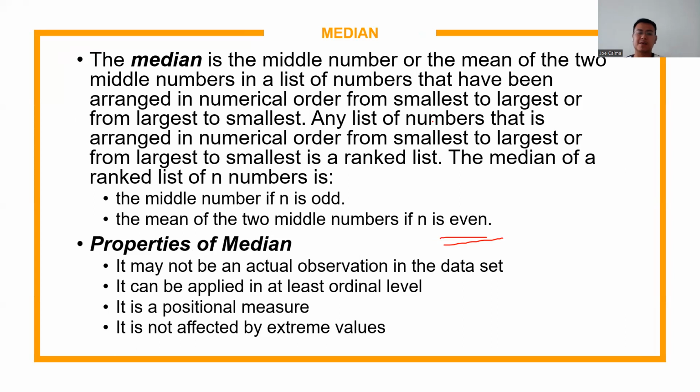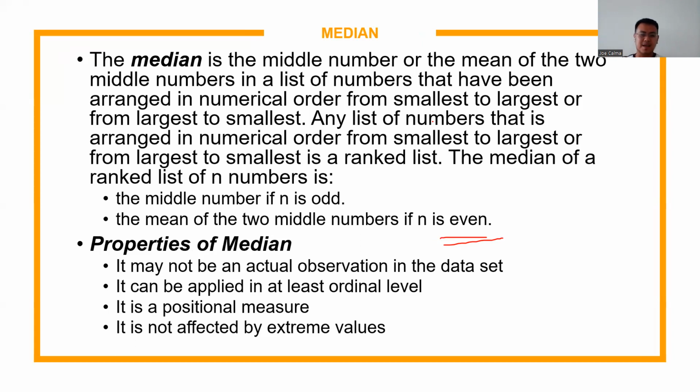Sometimes lang, hindi palagi. For example, yung nakuhang dalawang median is 26 at saka 27. So, ang median natin is 26.5. And wala naman 26.5 sa mga data, which is okay lang.